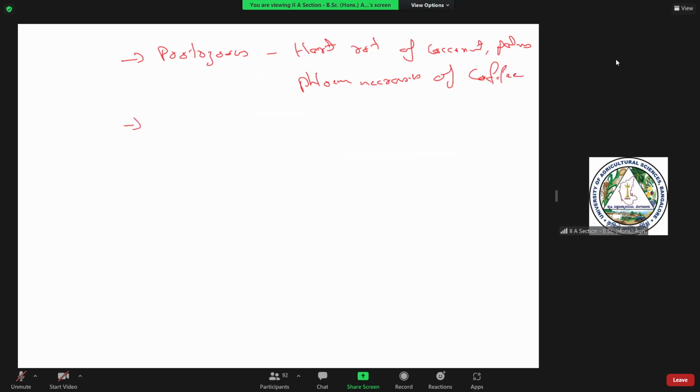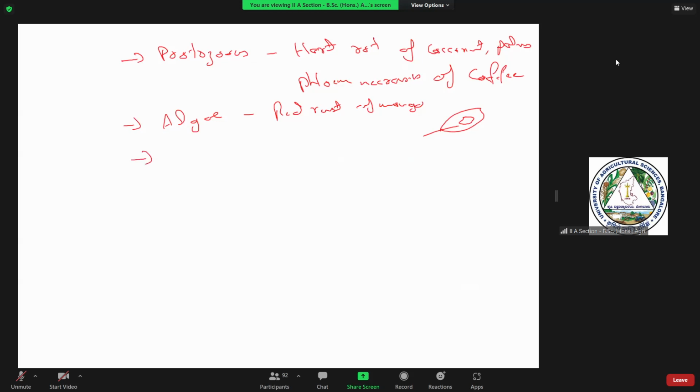There are also diseases caused by algae. If you go to any mango orchard, you will see some kind of moldy growth on the leaves. That is nothing but your red rust of mango. Red rust of mango is one of the classical examples, and in GKVK you can see quite a good infection on mango and even coffee and other plants.